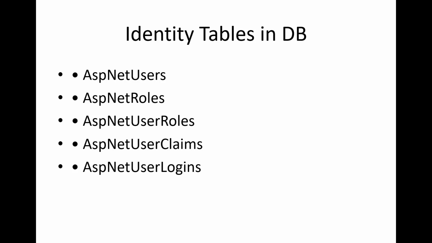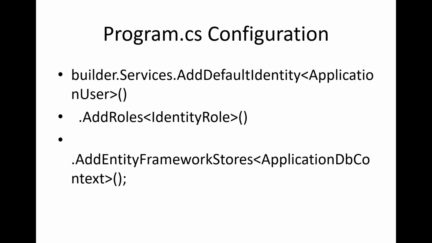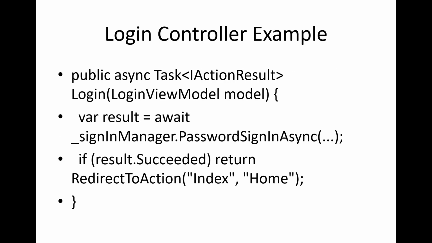And this is a quick overview of the identity tables that we are going to see or use. It's going to be AspNetUsers, AspNetRoles, and several other tables. To use this, we have to modify or add certain configuration in Program.cs, which we'll look at when we work with the code. And in a similar example, we are going to use a login controller or account controller.